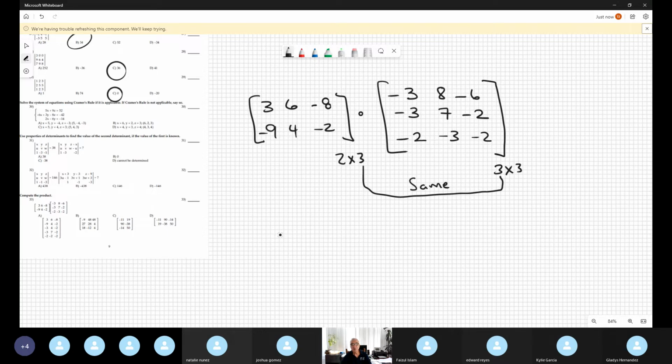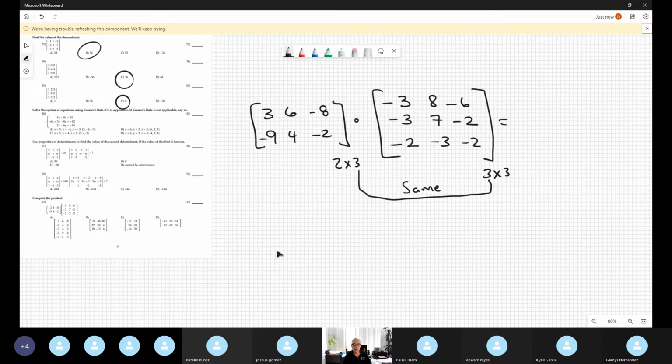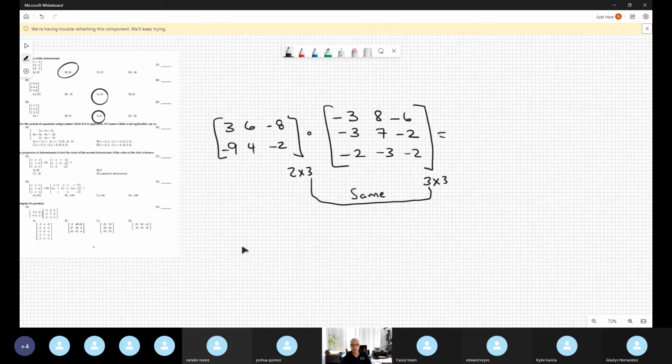Now the multiplication is possible. And the new matrix, of course, is a 2 by 3 matrix, exactly the same as the original, by coincidence. We need to find 6 numbers: 1, 2, 3, 4, 5, and 6.